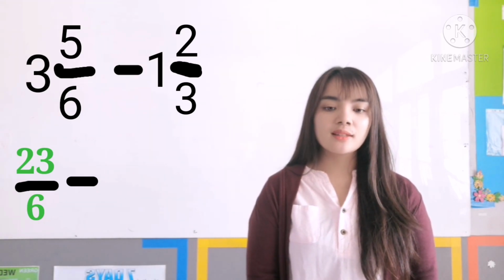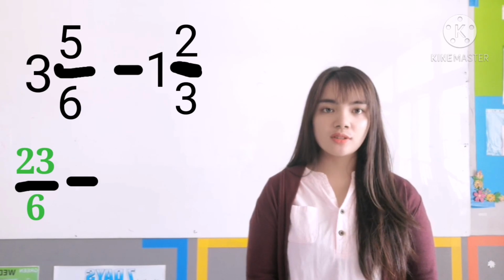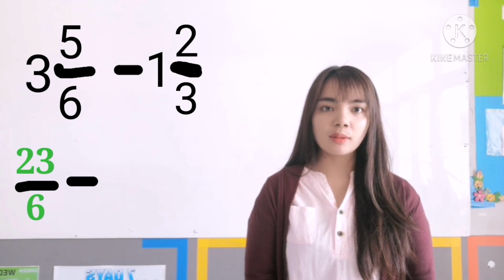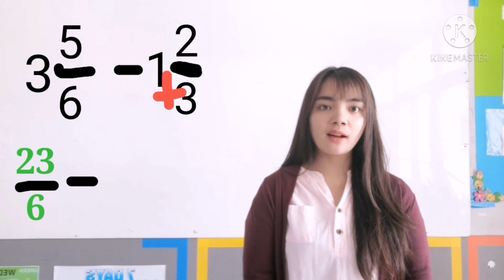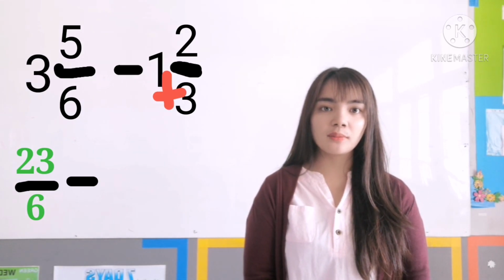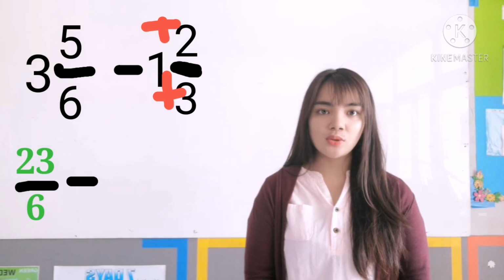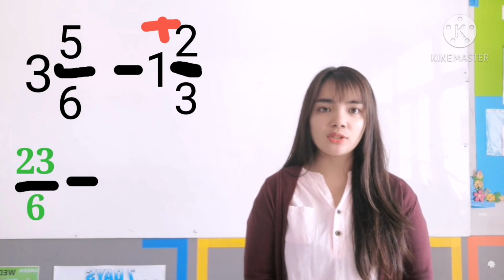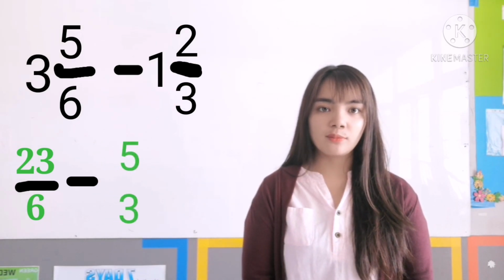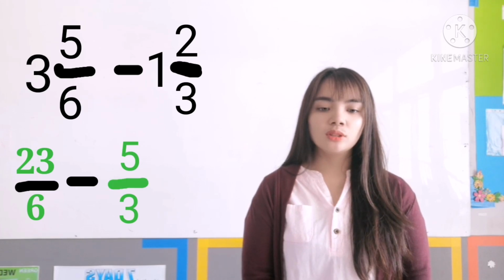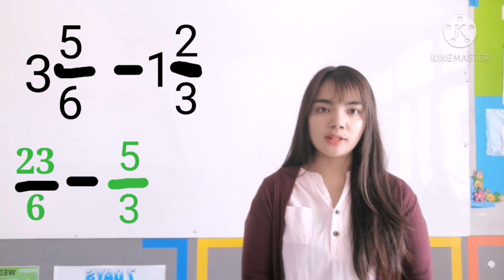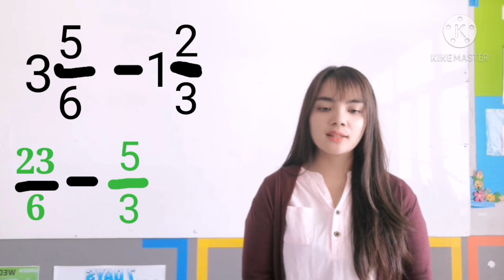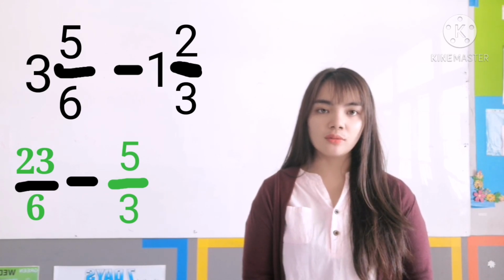So minus 1 and 2/3. What would be the improper fraction of that? We have 3 times 1, that is equivalent to 3, plus 2, that is equivalent to 5. So we have 23 all over 6 minus 5 all over 3.